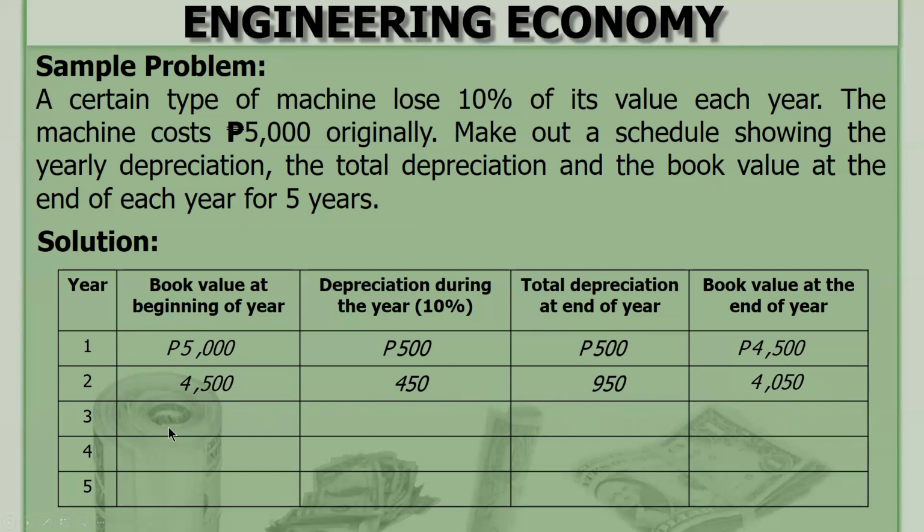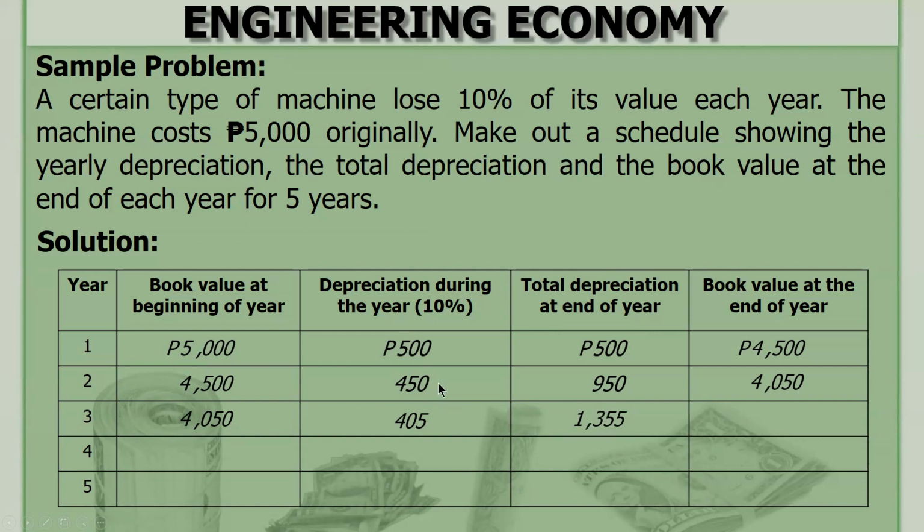And then pag start sa year 3, the value is 4,050. And then mo depreciate by 10%, 405. So the total depreciation after 3 years, i-add ni mo ni 500 plus 450 plus 405, 1,355.